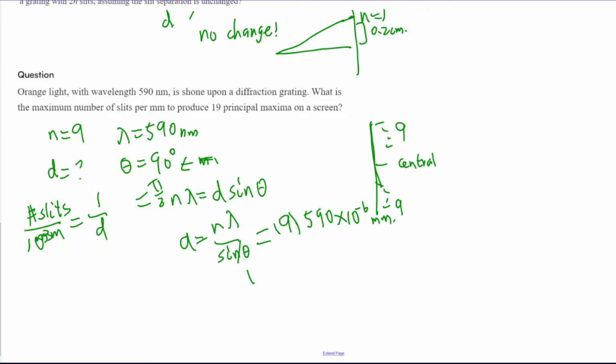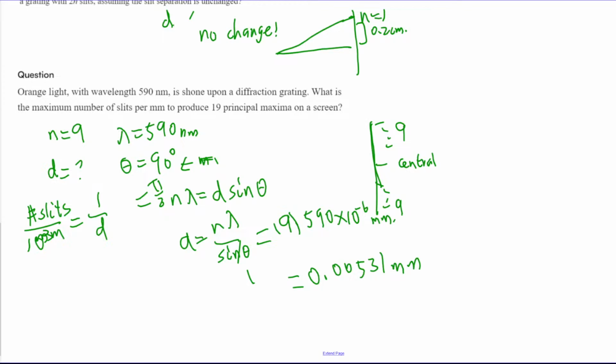So that will give me a value of 0.01121 millimeters. All right, and then I just need to take the reciprocal of that. So that's how many millimeters between every two slits. So we'll take 1 millimeter divided by that, to find how many slits.